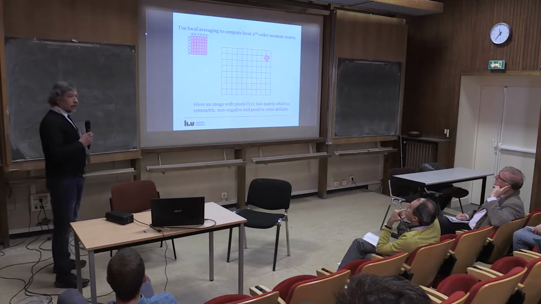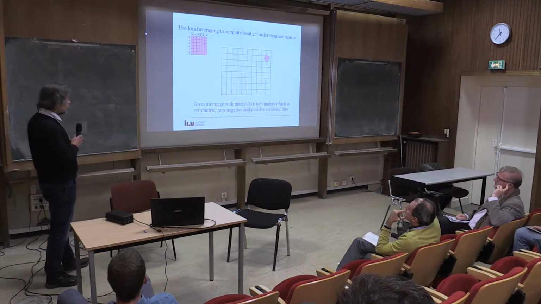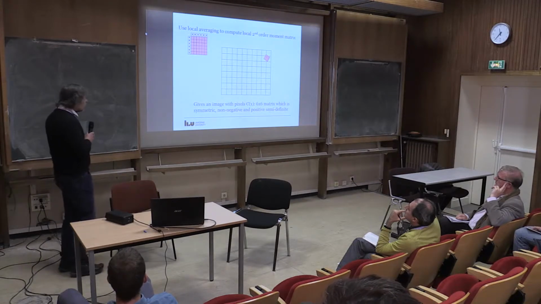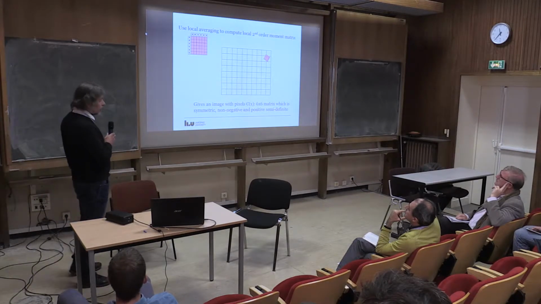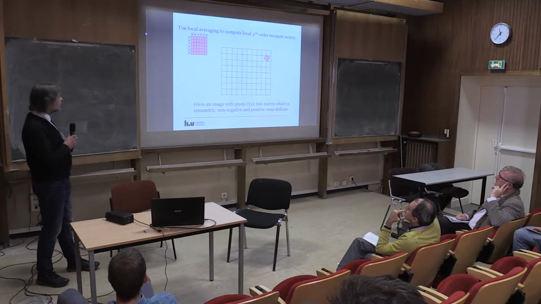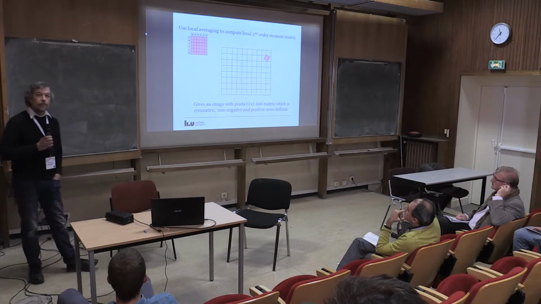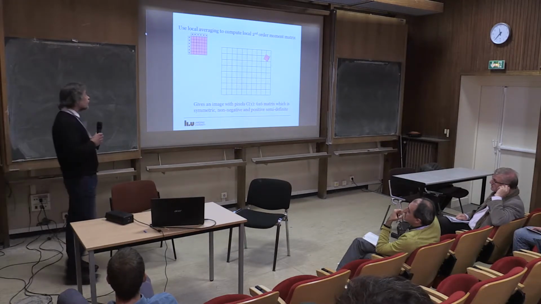Then we want to compute somehow the local statistics of these 6-dimensional vectors. And so we compute local averaging over these outer products of the 6-dimensional vectors.